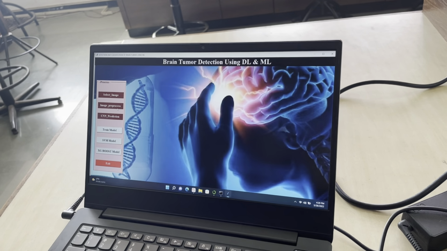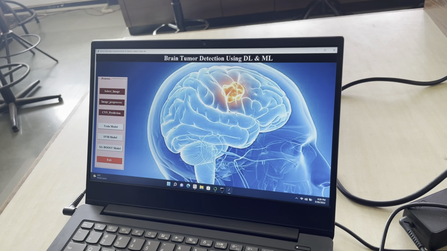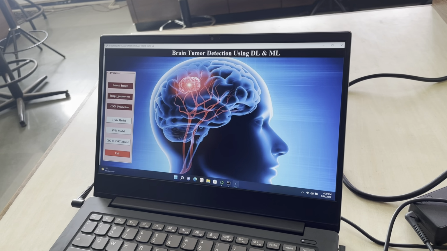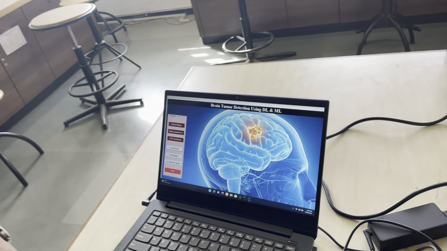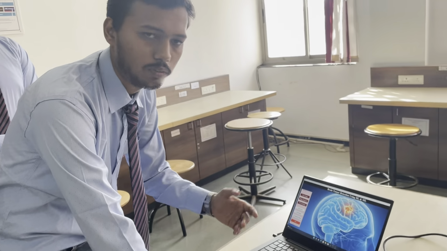In every image algorithm there's a process called image pre-processing, in which the image is clarified and the extra information that an MRI has is removed, so as to simplify the process of detection.